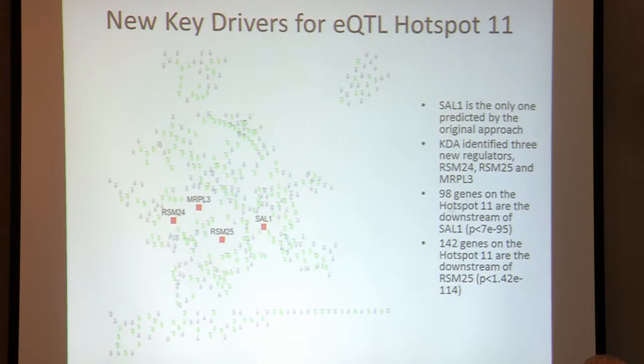The new driver ISM25 is more significantly enriched for the genes underlying this eQTL hotspot. Basically, it means ISM25 is potentially a more likely global driver for the whole system, which was missed by the previous procedure.